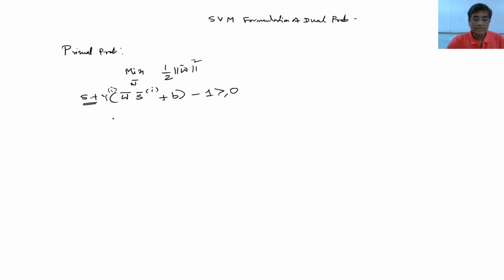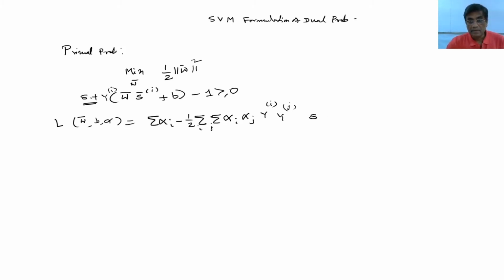Now, once we have solved the problem, which we have already done, I can just rewrite the solution: the dual objective equals the sum of alpha i minus half, the double sum over i and j of alpha i alpha j y i y j, times support vector i dot support vector j.